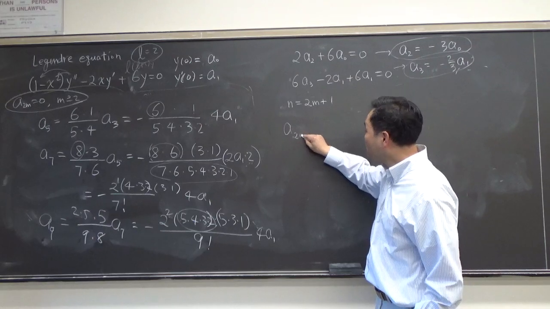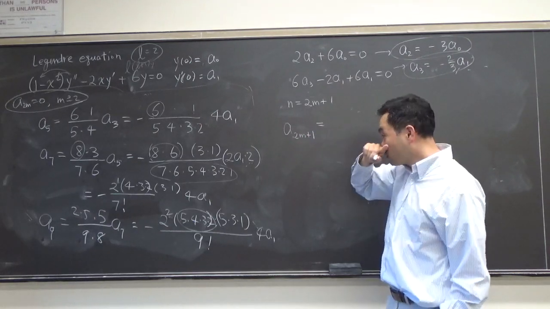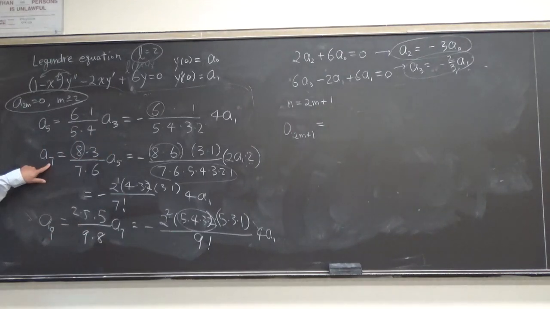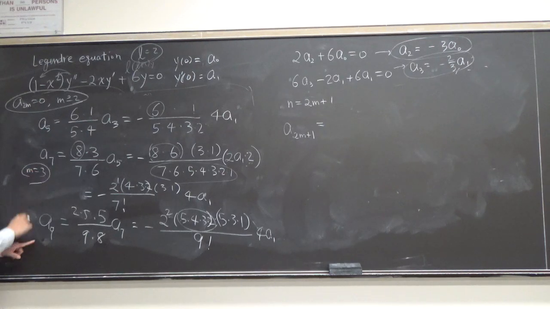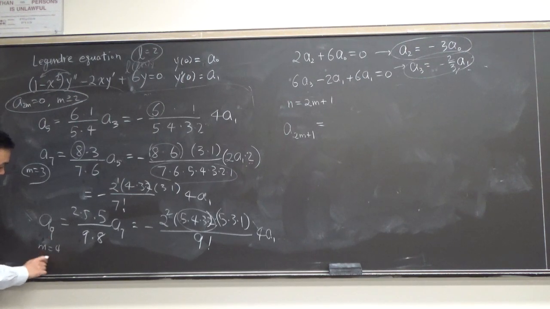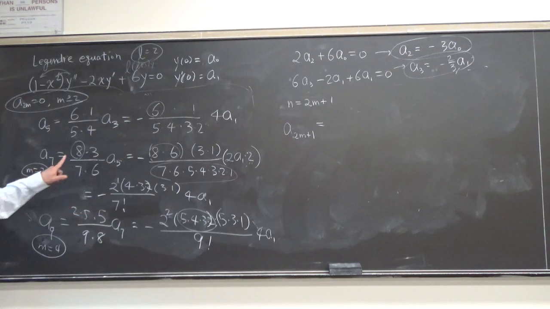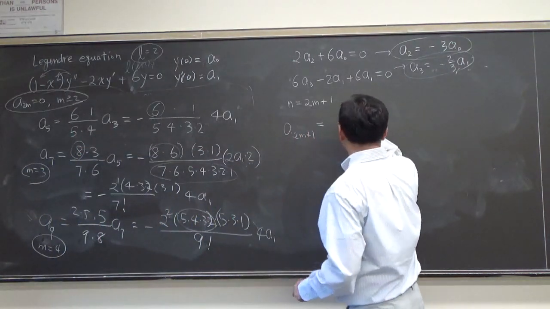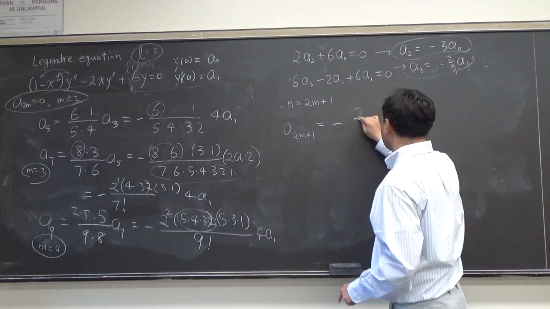So for 2m plus 1, let's see, what's m here then? 7 equals 2m plus 1. m is 3. So this is m equals 3. What's m here? 4. 4 times 2 plus 1 gives you 9, right? So that's m equals 4. So 4 gives you 2, 3 gives you 1. What's the relationship now? Minus 2, right? So it's always 2 to the m minus 2.